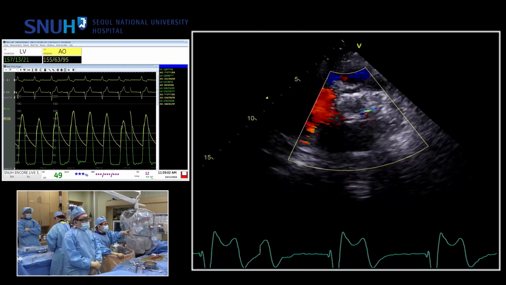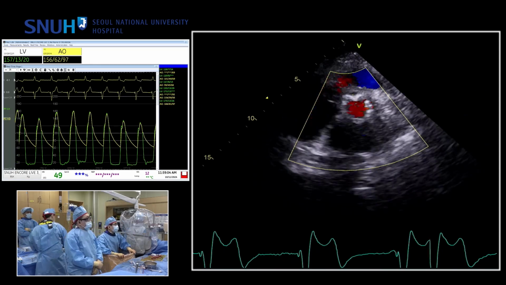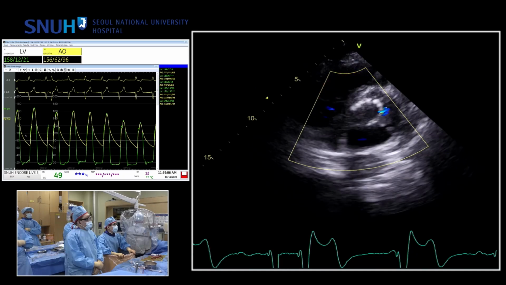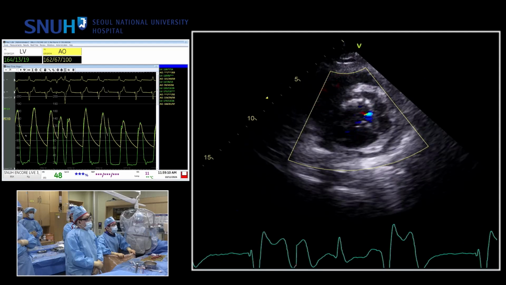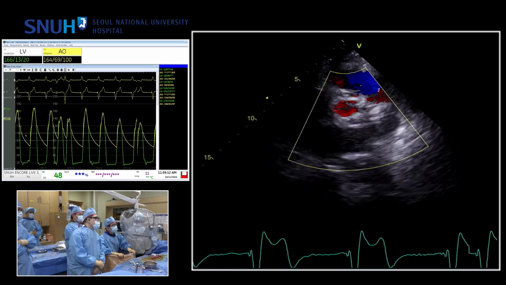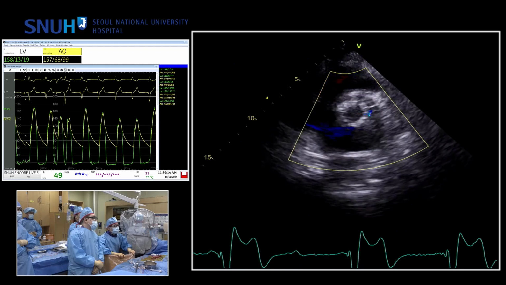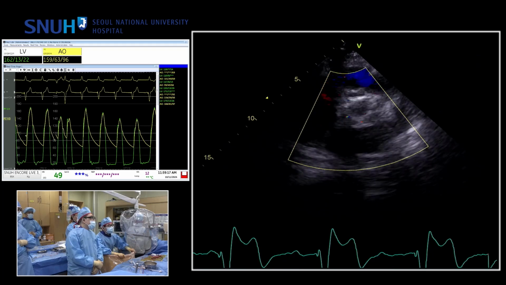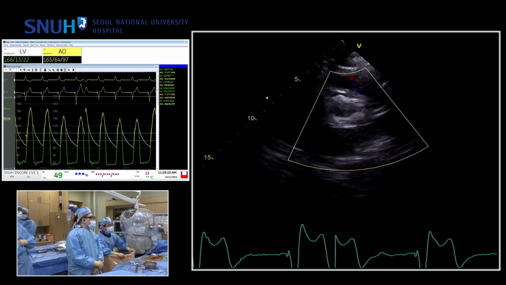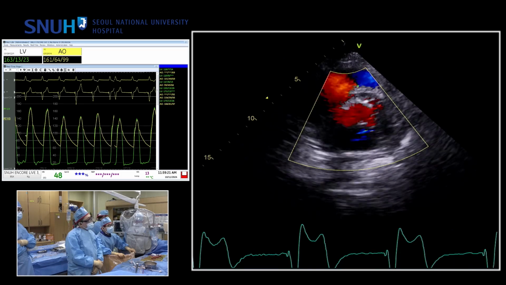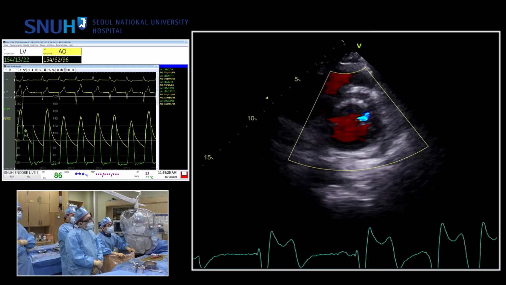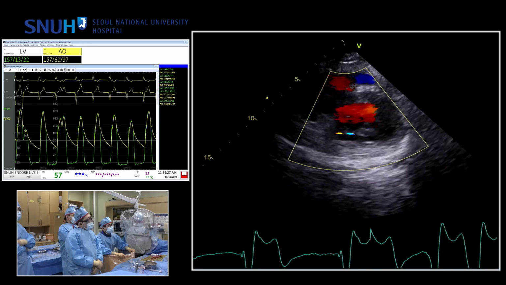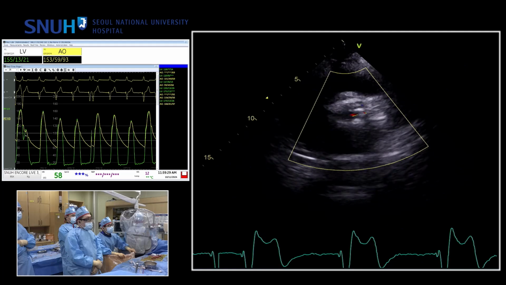What's the reversing flow at 4 o'clock? I think there is a coronary flow. Coronary flow? Yeah. Okay, coronary flow. I have some suspicion, a little bit of color flow at 3 or 4 o'clock. Are we tracing that? I think that should be a trivial paravalvular leak.